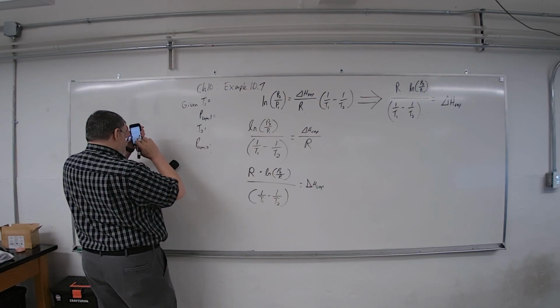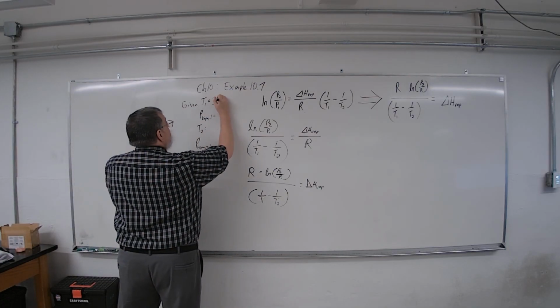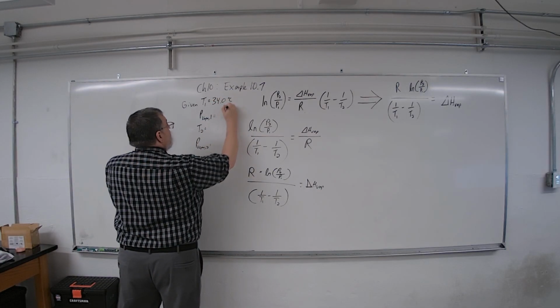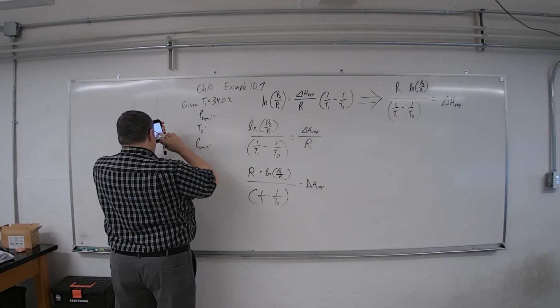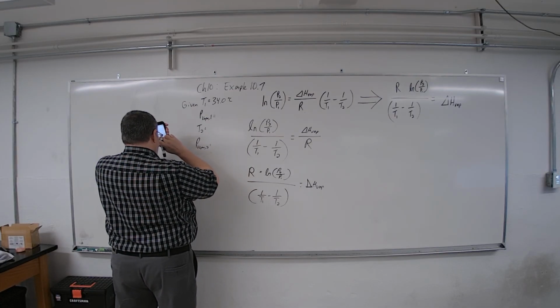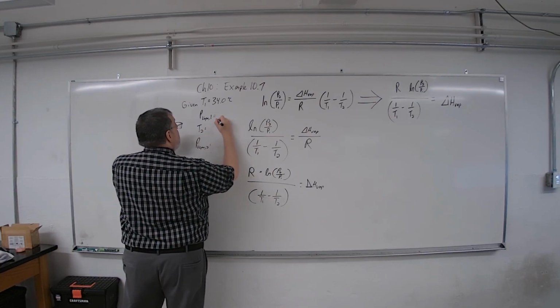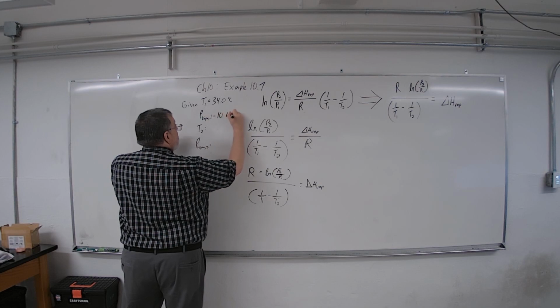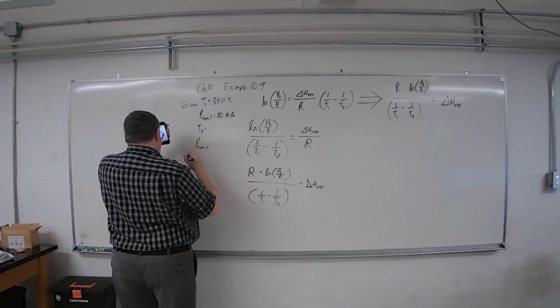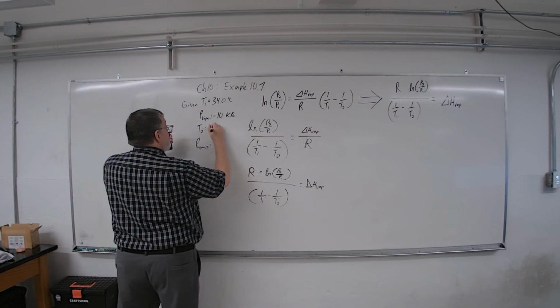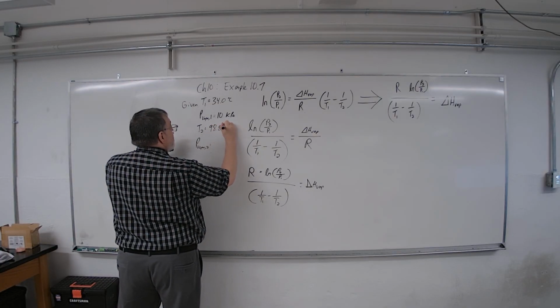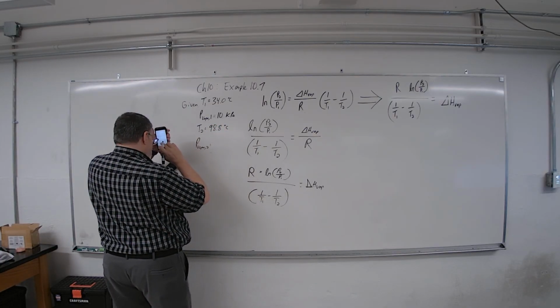All right, so what we're given for temperatures and vapor pressure 1 is 10 kilopascals for pressure, and then 98.8 degrees C.